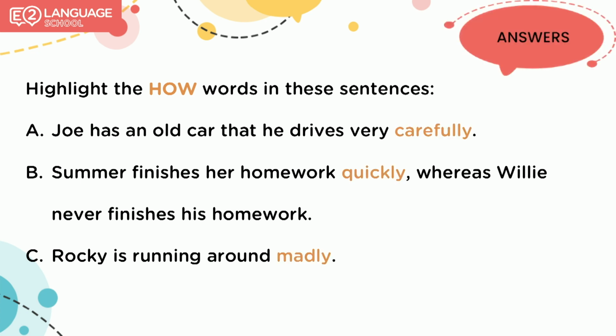Okay, let's look at the answers here. So the how word in A is carefully, the how word in B is quickly, and the how word in C is madly. They show how something is done.